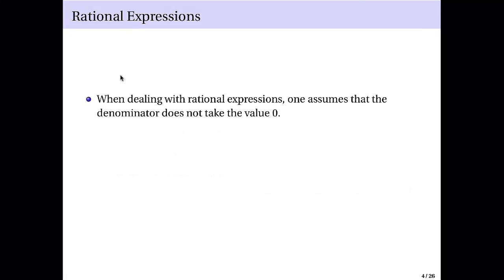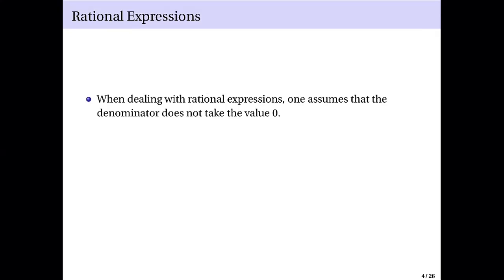So, when dealing with rational expressions, one assumes that the denominator does not take the value 0. Okay? Just like with rational numbers, we don't want the denominator to be 0 because it's undefined. Or if you are dividing two numbers, you don't want your divisor to be 0. But here we are looking at rational expressions in one variable or two or more variables.